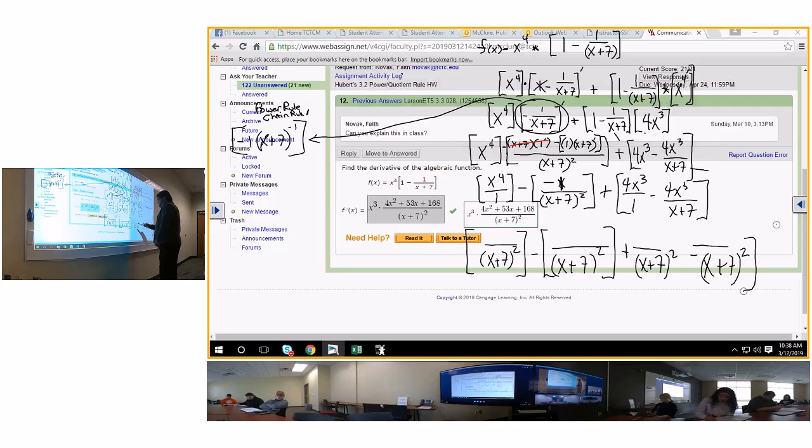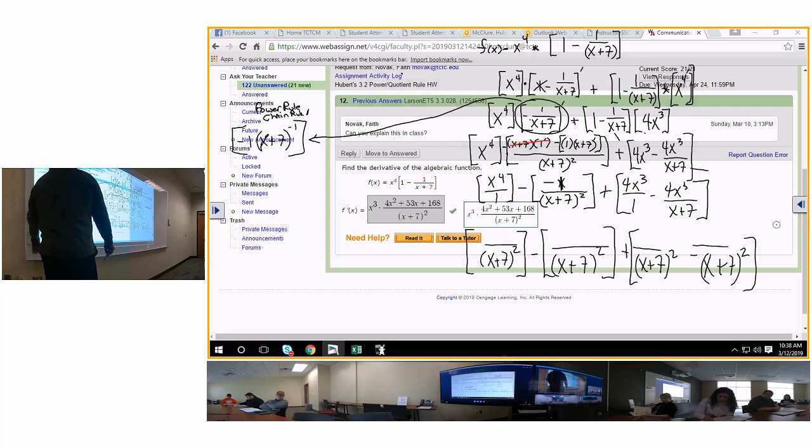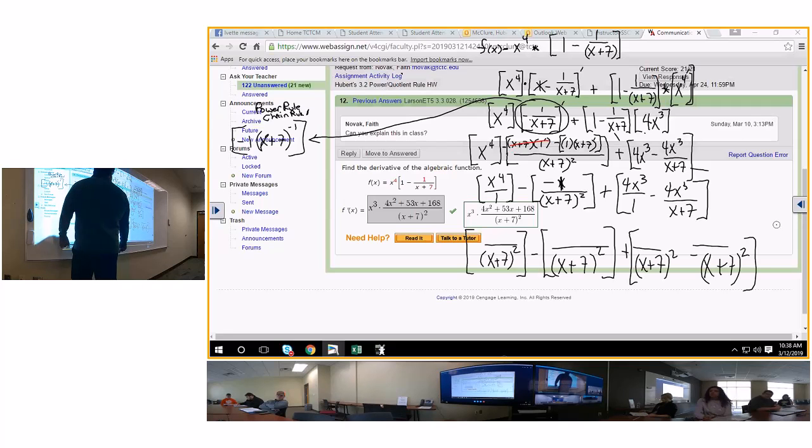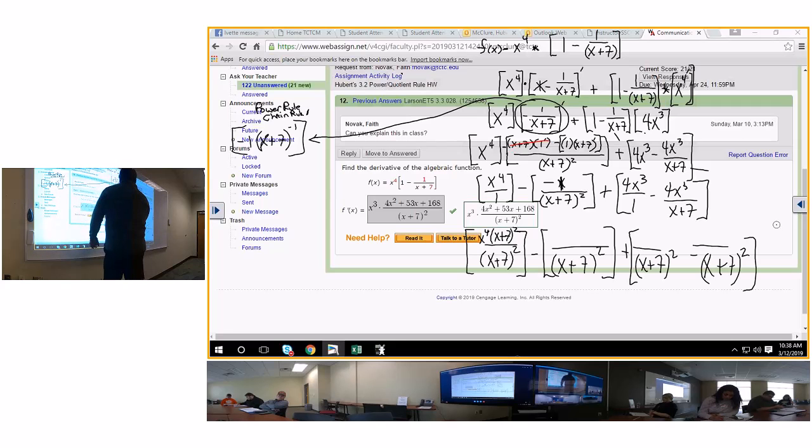Put that in brackets. All right, how many times will 1 go into x plus 7 quantity squared? X plus 7 quantity squared times x to the fourth, x plus 7 quantity squared, and then this doesn't change, or negative 1, sorry.